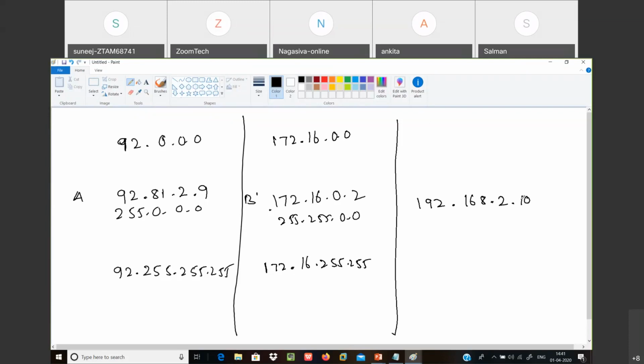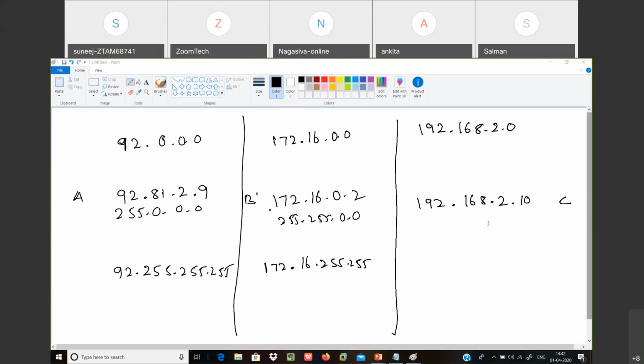192.168.2.10. Which class IP address? Class C. Network ID. 192.168.2.0. It's not 192.0.0.0, right?